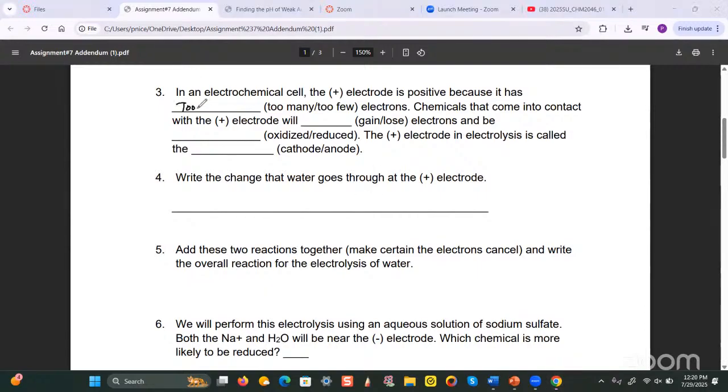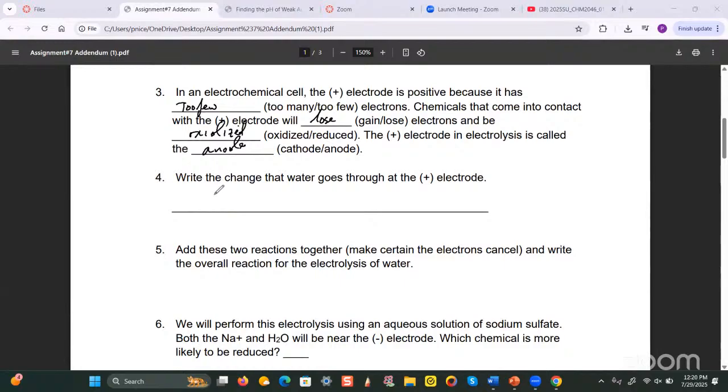Too few. All right? Chemicals that come into contact with the plus electrode will lose electrons and be oxidized. And the plus electrode in electrolysis is called the anode, exactly.